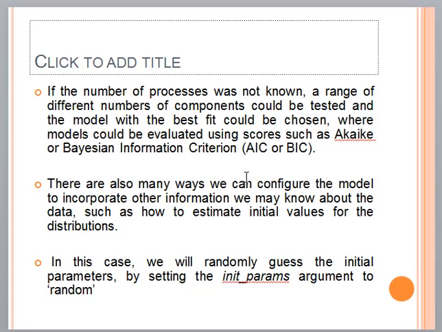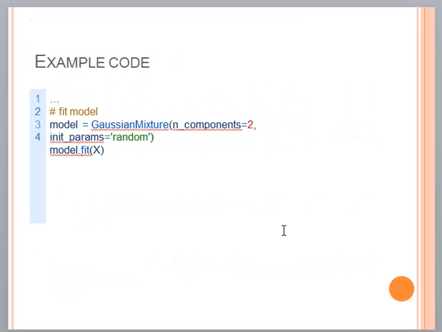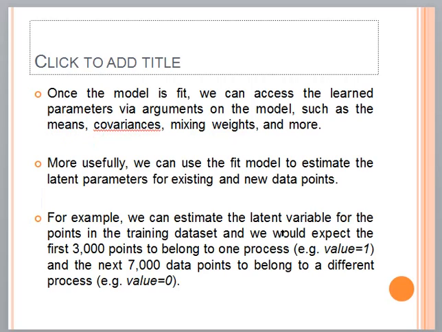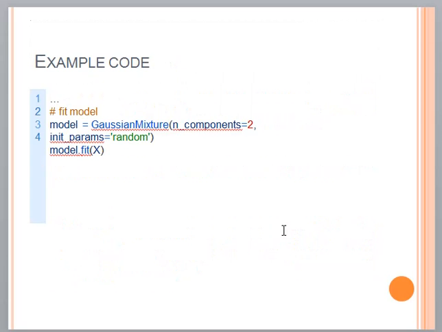There are a number of ways through which you can configure the model to incorporate other information which we know about the data along with the initial values. So we have an argument here, init parameters, and you can use this argument in order to pass the initial parameters. I have also included some code snippets in these slides, and you can execute this code as it is to see the impact of different parameters.